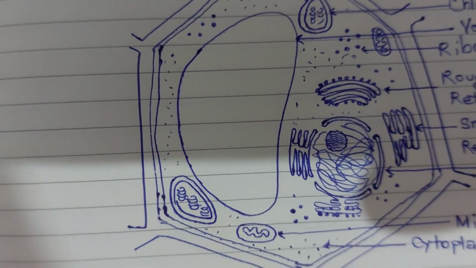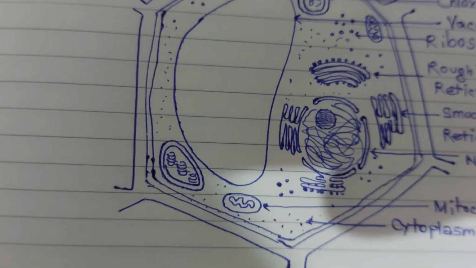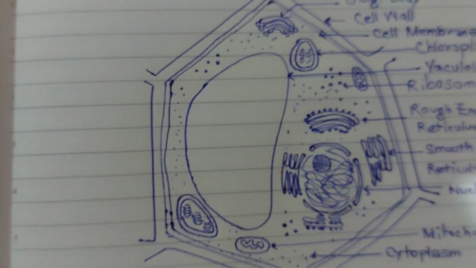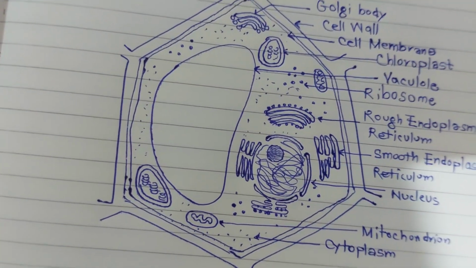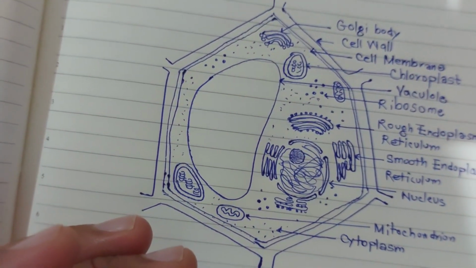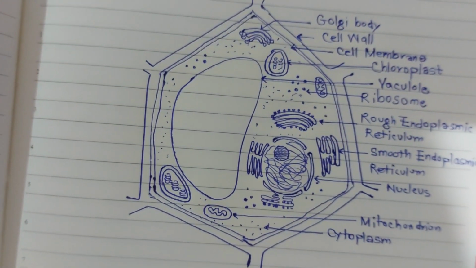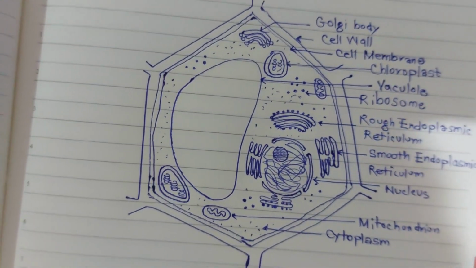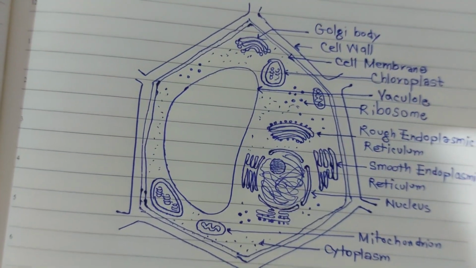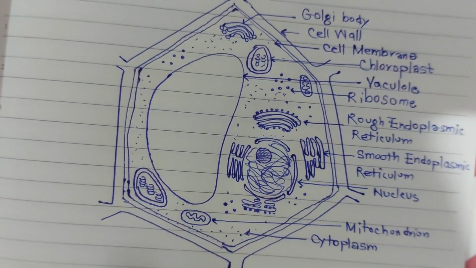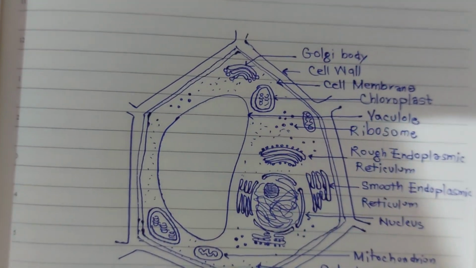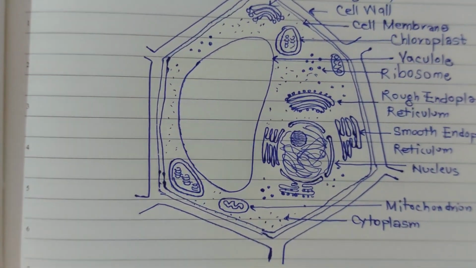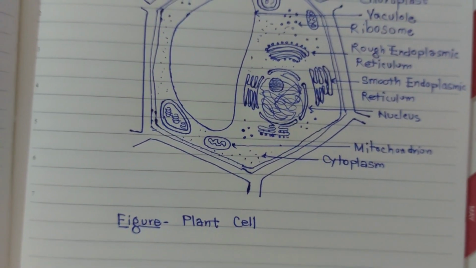And lysosomes, we can add lysosomes also, but when we differentiate plant cell and animal cell, we can write that animal cells have lysosomes and plant cells don't, although they can have sometimes, but this also clears our mind. So I will not draw lysosomes. I think I have labeled all the important things.